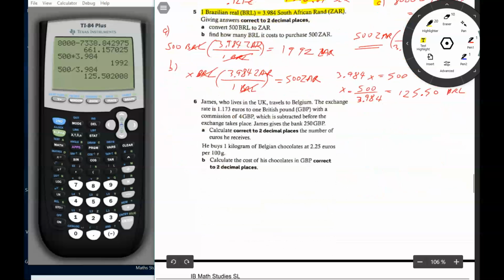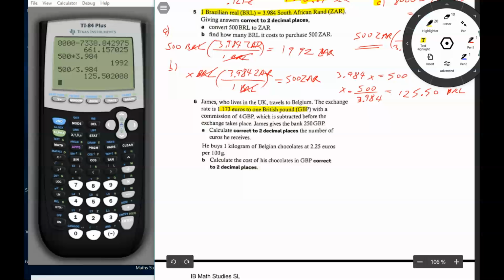Last question. James, who lives in the UK, travels to Belgium. The exchange rate is, and I'm going to highlight this because it's a domino, with a commission of 4 GBP, which is subtracted before the exchange takes place. James gives the bank 250 GBP. Calculate correct to 2 decimal places the number of euros he receives.